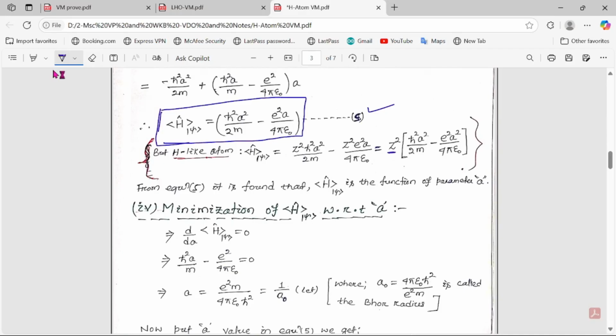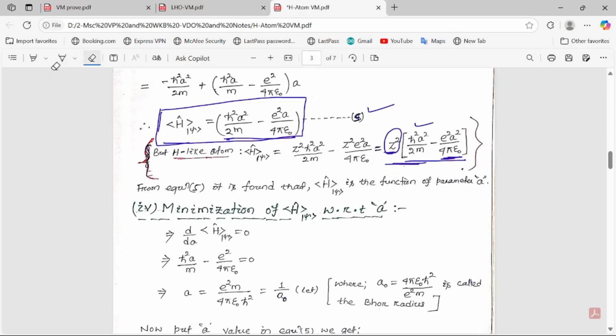Just a Z squared will be multiplied with this term: h bar squared a squared by 2m minus e squared a by 4 pi epsilon naught will be multiplied with Z squared for a hydrogen-like atom. Keep this in your mind, because it will be required when we discuss solving the helium atom.